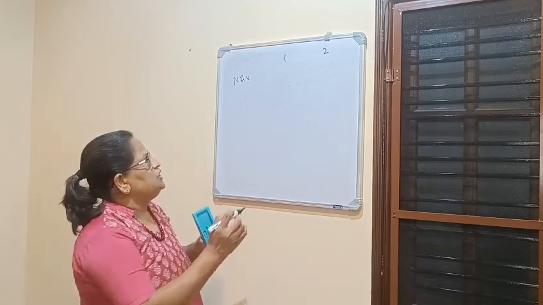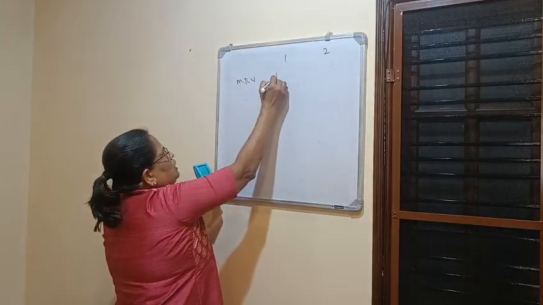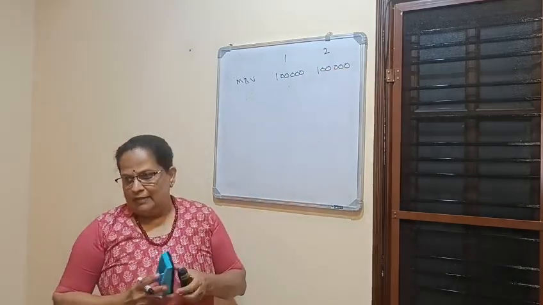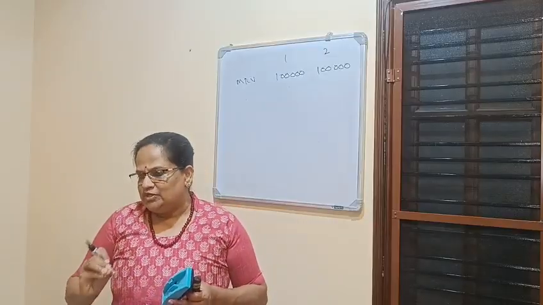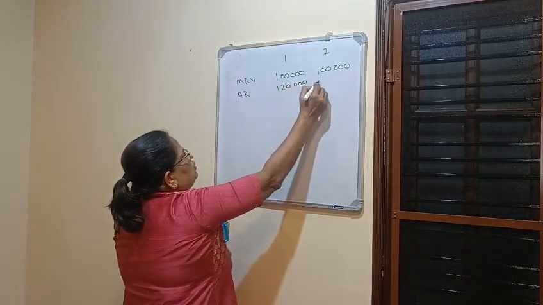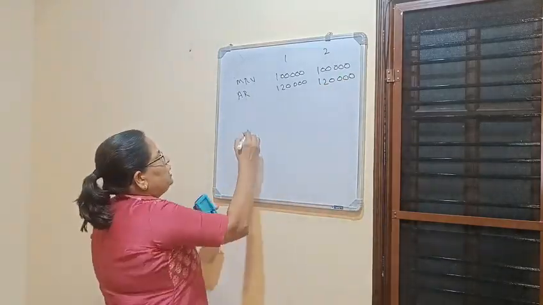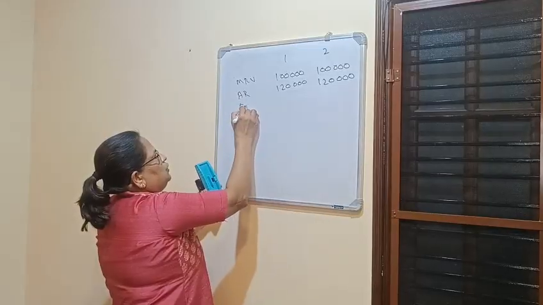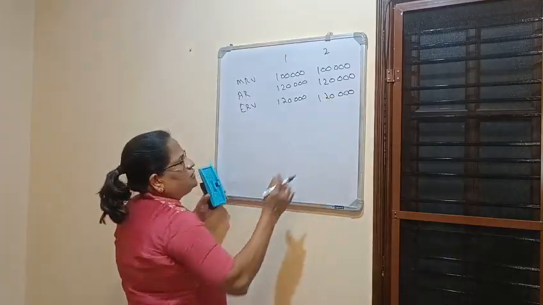Municipal value for both the houses is 2 lakhs, and we are dividing it between both the houses, so 1 lakh each. Now the actual rent is 10,000 each, so actual rent is 1,20,000 for each house. Whichever is the higher value, we have to take as the expected rental value, that is 1,20,000.